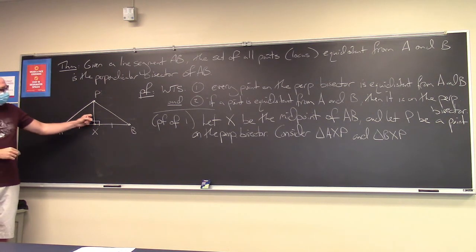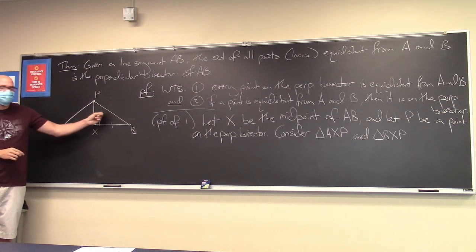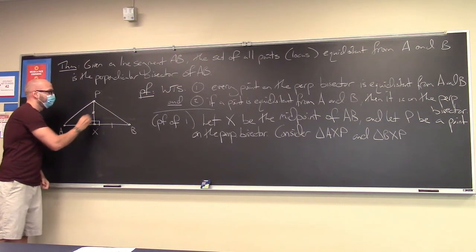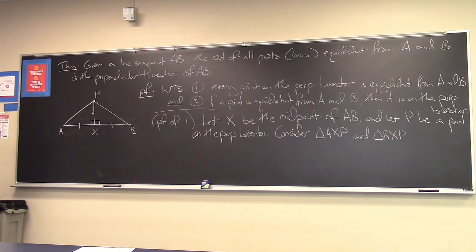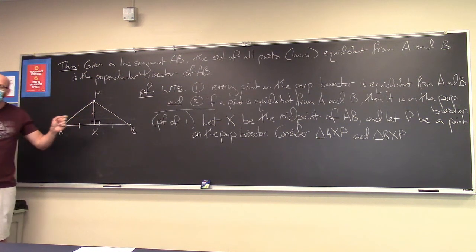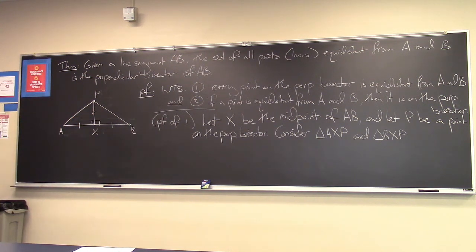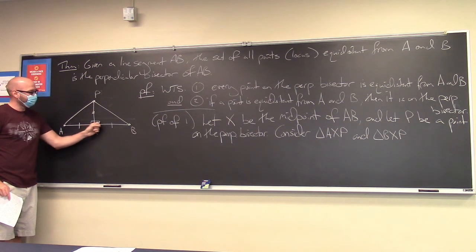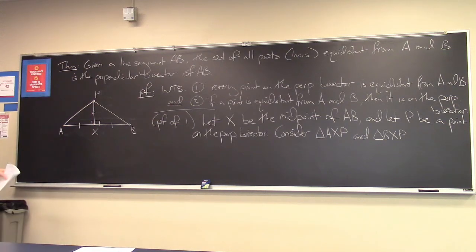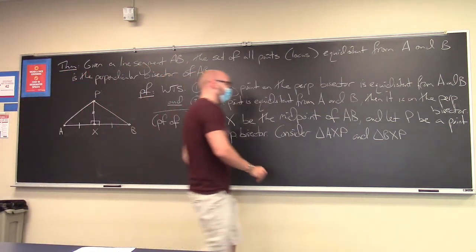And these two triangles share this side, so they both have the same length on that side. Is that enough to say that these two triangles are congruent? Yeah, right, SAS. Two corresponding sides, the included angle, so by SAS, they're congruent.